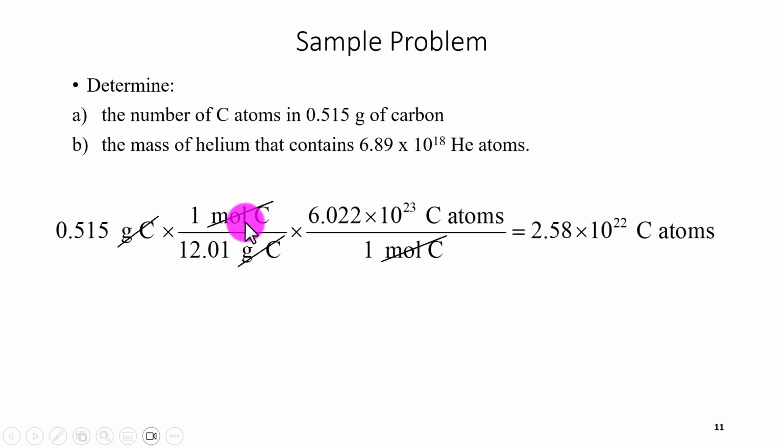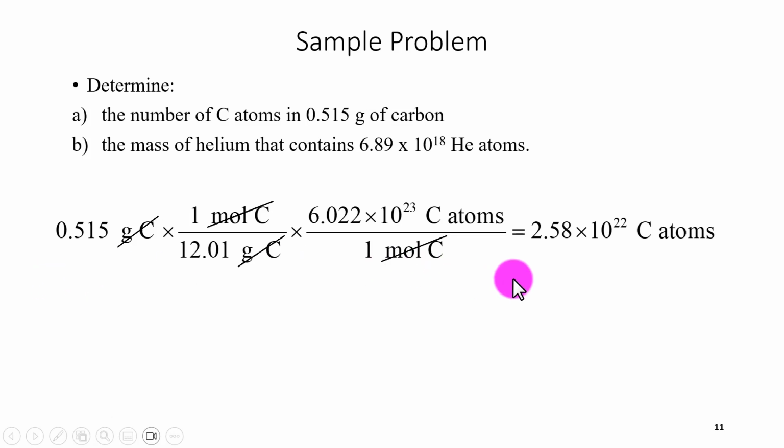Then once I have that, to convert to atoms, I multiply by Avogadro's number because I know that 1 mole of carbon contains Avogadro's number of carbon atoms, so 6.022 times 10 to the 23rd. My moles will cancel, leaving me with atoms.